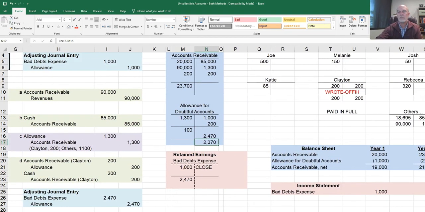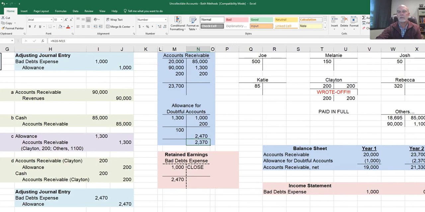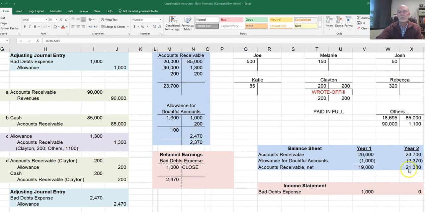So in the financial statements, at the end of the second year, we have the $23,700 accounts receivable offset by the allowance, and the bad debt expense is going to be $24.70.